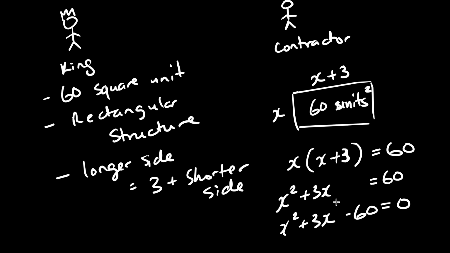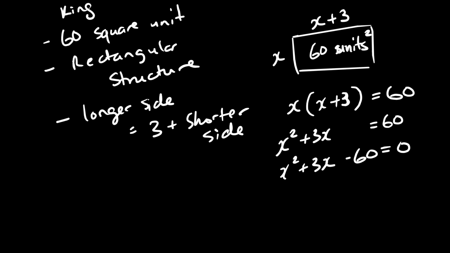Now, what you'll notice is a very familiar form here. This x squared plus 3x minus 60 is equal to 0 is our quadratic form. And our quadratic form simply expresses a polynomial where the highest power of x is going to be squared.